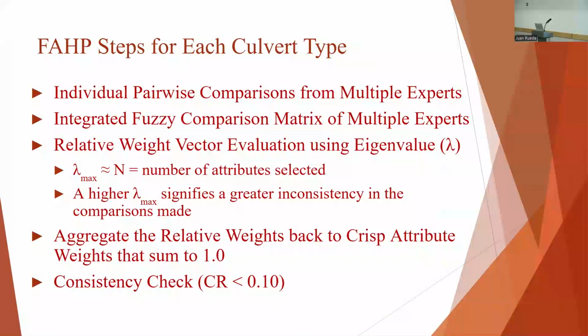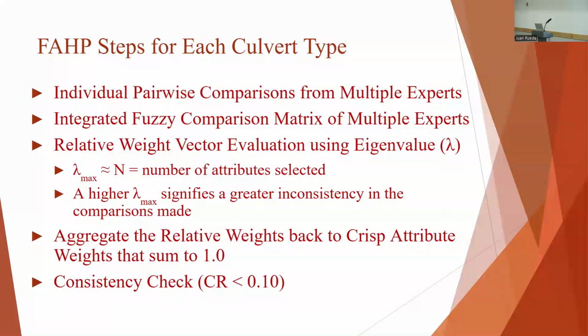So we took the individual pairwise comparisons and then integrated that into an overall matrix. And then we used what is known as the eigenvector process to develop relative weights using an eigenvalue. And all that is just taking an eigenvector, multiplying it by our n by n matrix, and you end up with a scalar, and that's your eigenvalue.